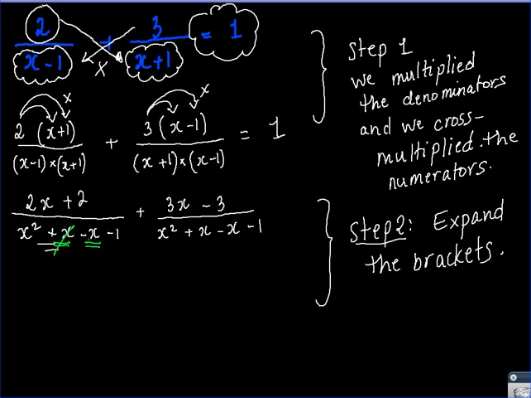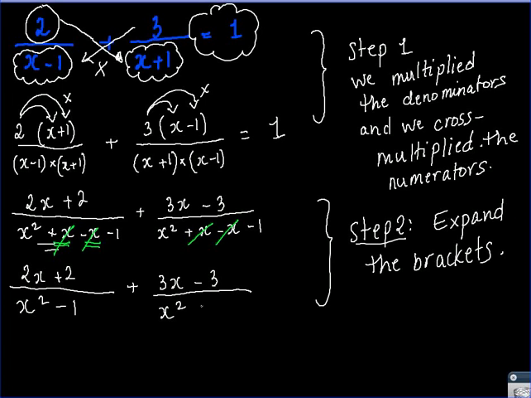So those two will cancel out. So we end up with 2x plus 2 over x squared minus 1, plus 3x minus 3 over x squared minus 1.